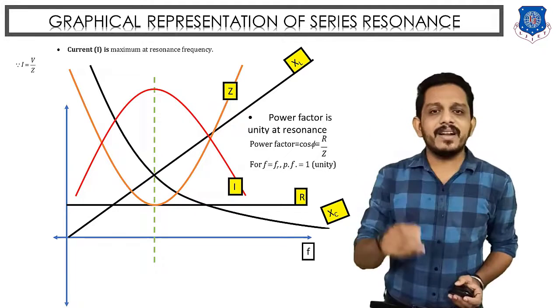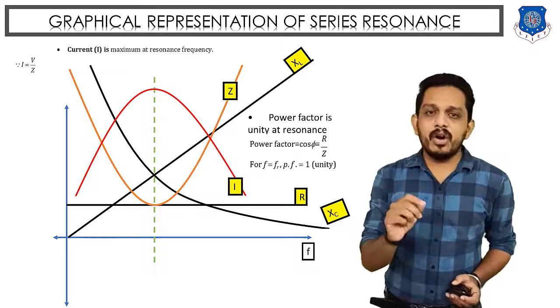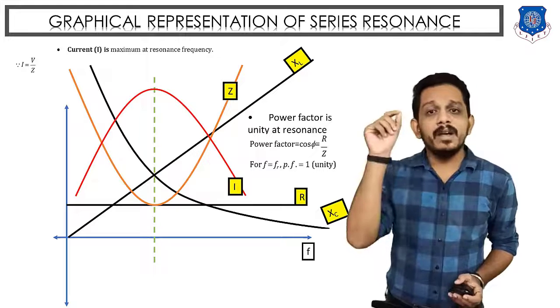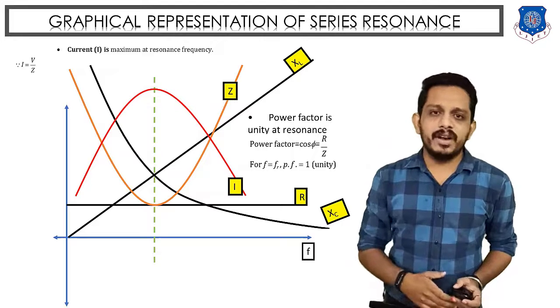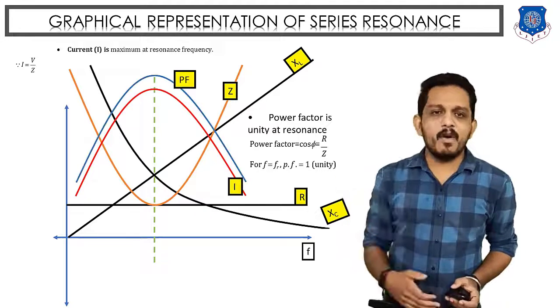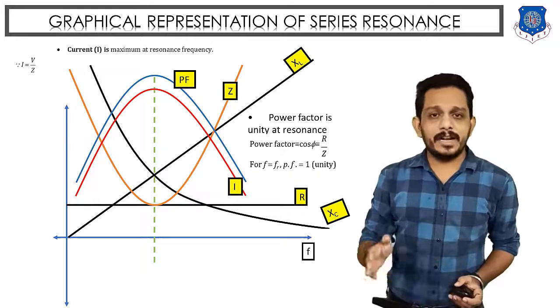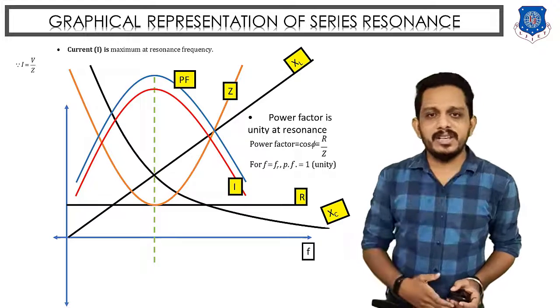But exactly at the resonance point, there is no effect of inductor or capacitor, only the resistive effect is there. So at exactly the resonance point, the power factor is unity, or you can say 1. So you can draw the graph of power factor just as you drew the graph of current. That means the power factor is leading, then unity, and then lagging.